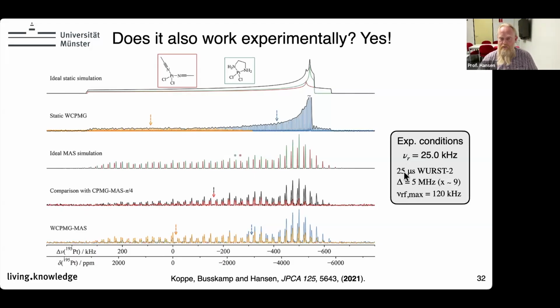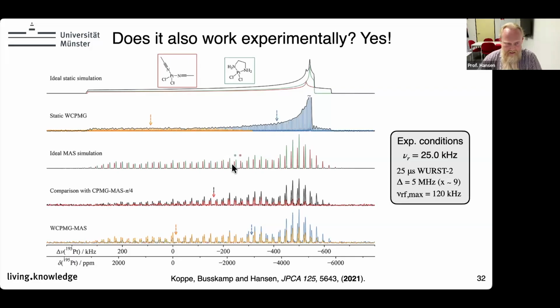We've used 25 microsecond WURST 2 pulses with a fairly large bandwidth compared to what we require here. That means that X is around 9, so we should be able to excite extremely efficiently. And the power requirement for this kind of pulse is 120 kilohertz, so a rate of 200. Now, just for comparison, here's the ideal simulation based on the premise up here.